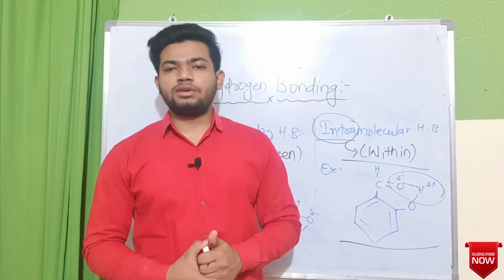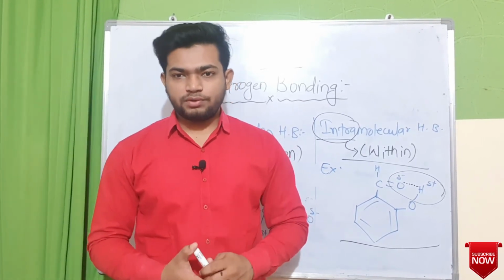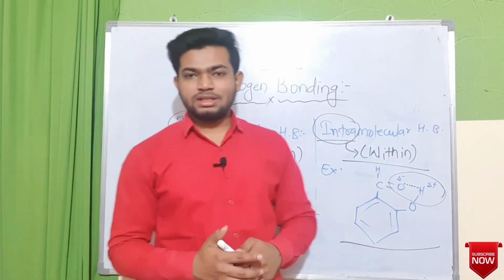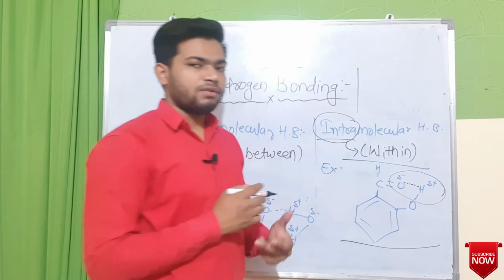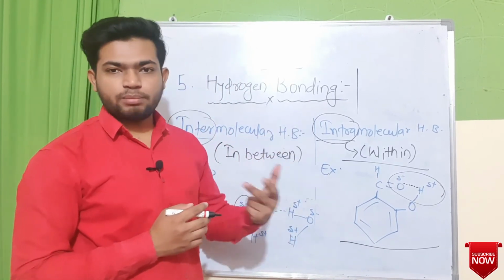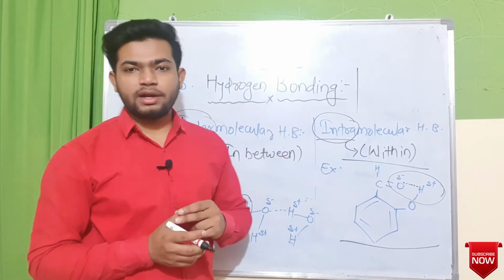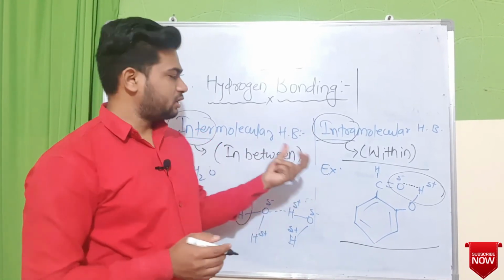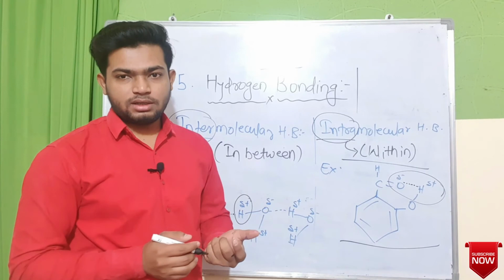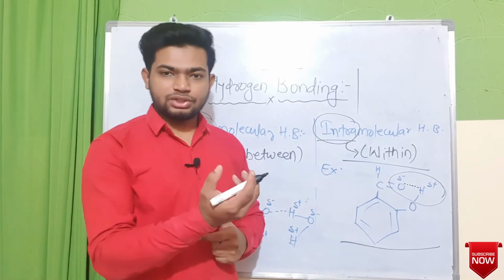If a molecule has hydrogen bonding, its boiling point increases, and the energy required to break the bonds between the molecules is higher. So we have to provide higher energy to break the bonds.